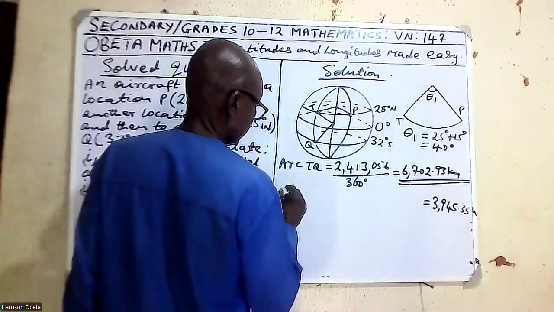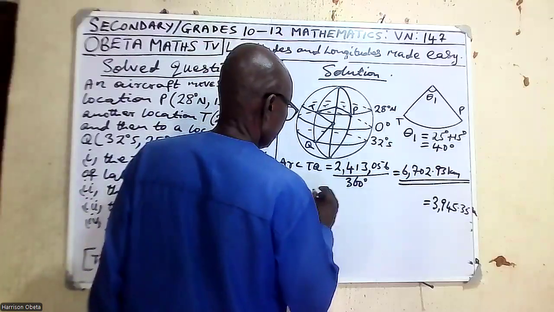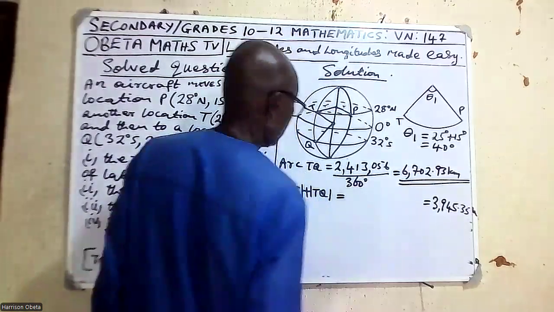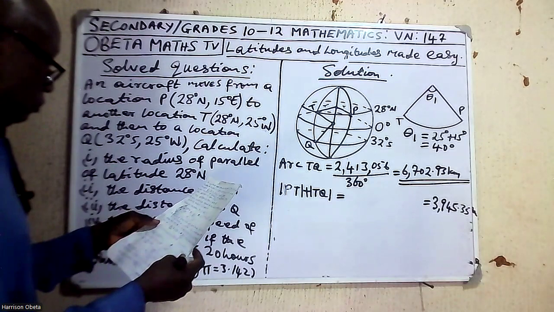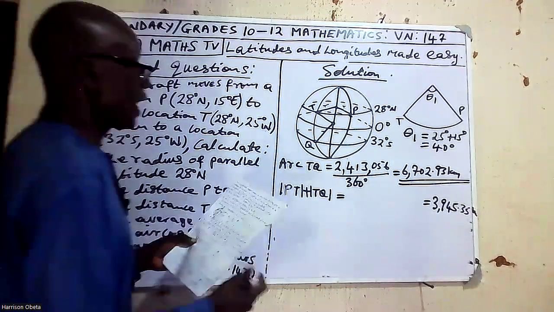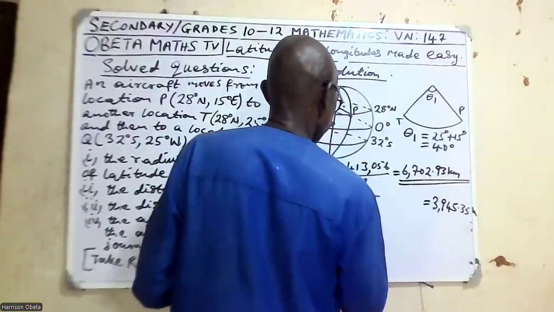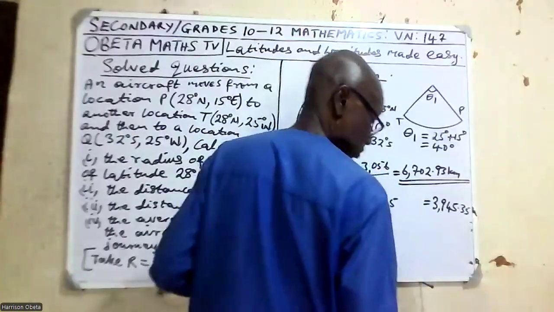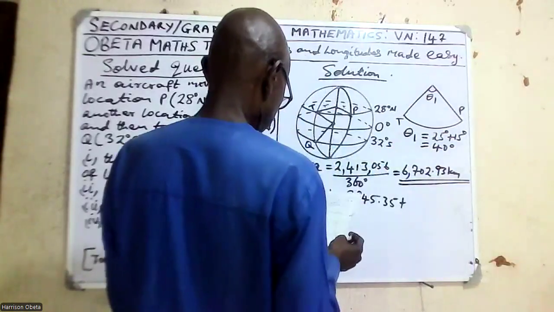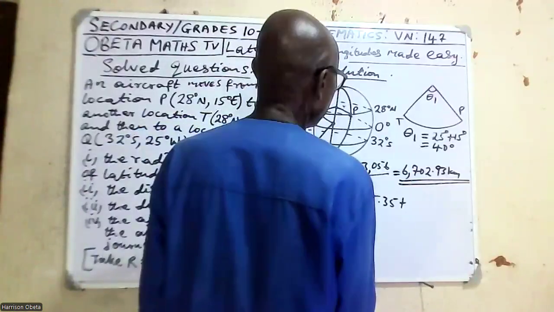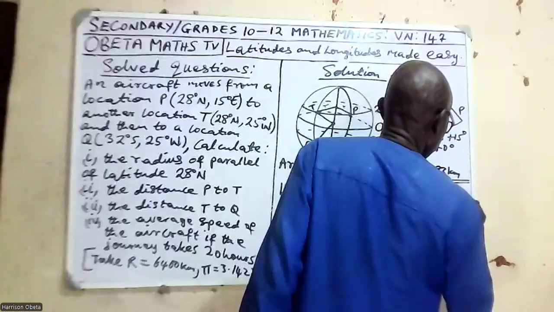So PT plus TQ should be equal to, we pick the values, PT, we had it to be 3945.35, plus this one, 6702.93 kilometers.